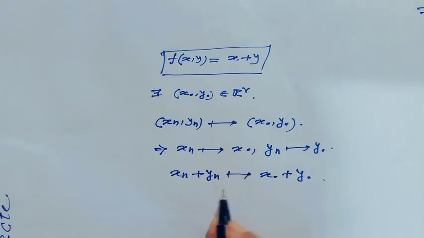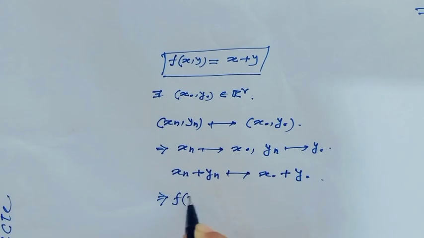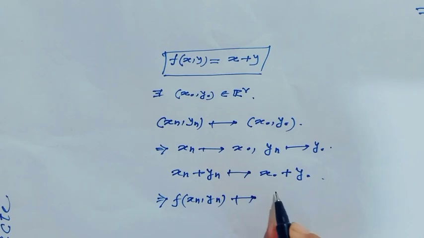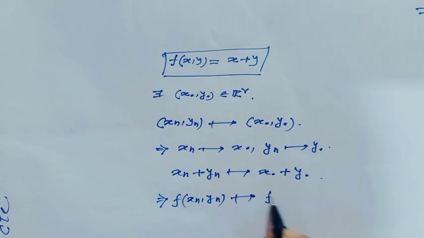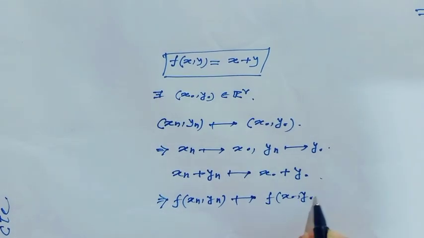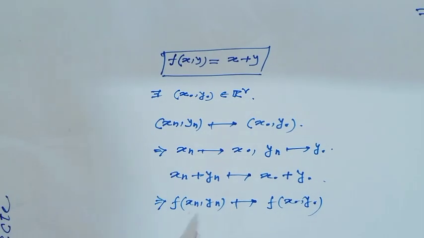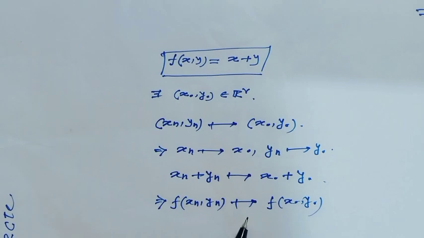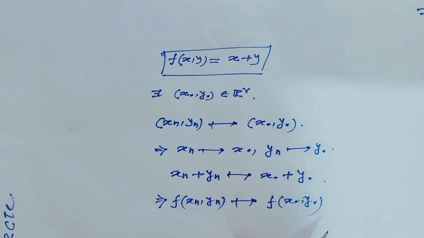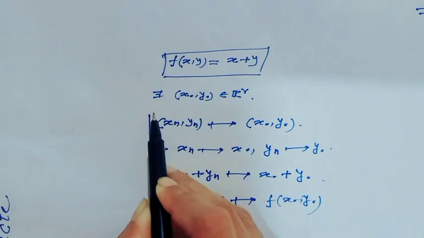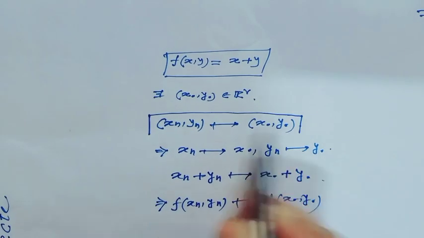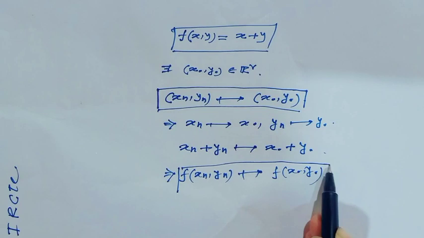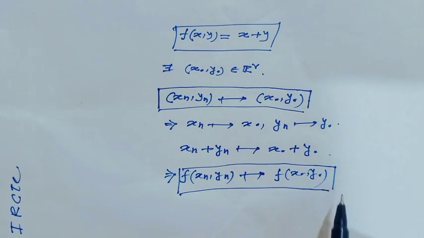And xn plus yn means actually f of (xn, yn), and x0 plus y0 means f of (x0, y0). Therefore, I have got f of (xn, yn) goes to f of (x0, y0). Therefore, (xn, yn) goes to (x0, y0) implies f of (xn, yn) goes to f of (x0, y0).